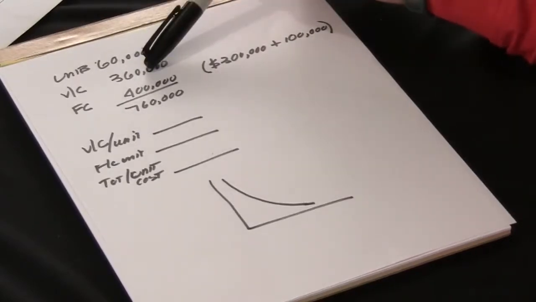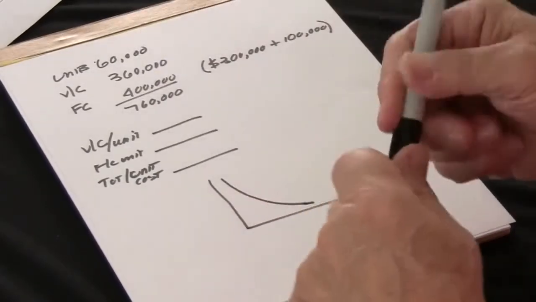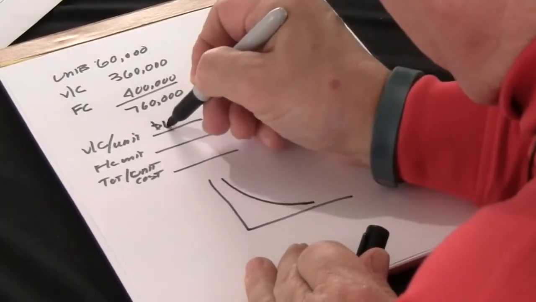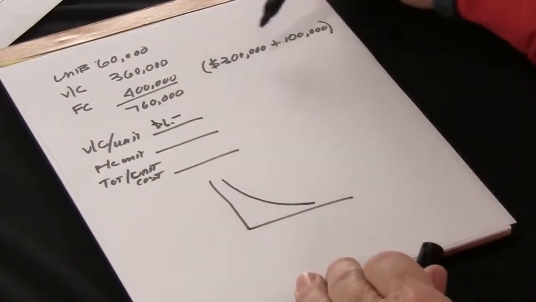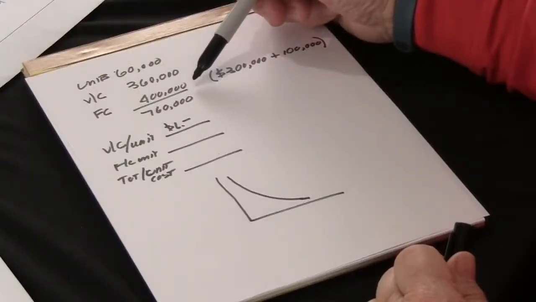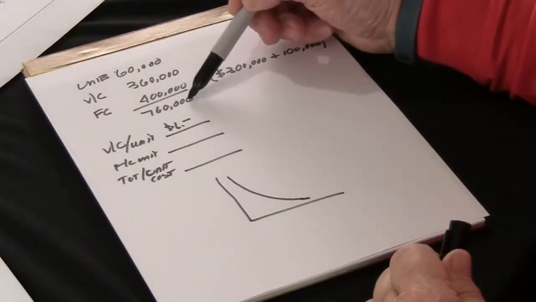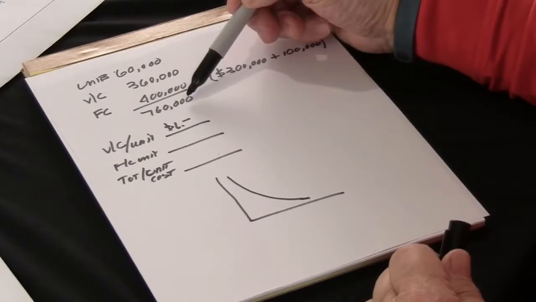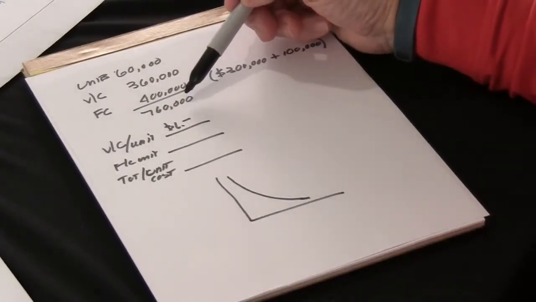It's going to cost me $360,000 now in variable costs. $6 per unit, recall, is the amount that this unit cost us. But I need another $100,000 of equipment, which yields a fixed cost increase of $100,000, giving me a total fixed cost of $400,000. Therefore, my total cost then is going to be $760,000.